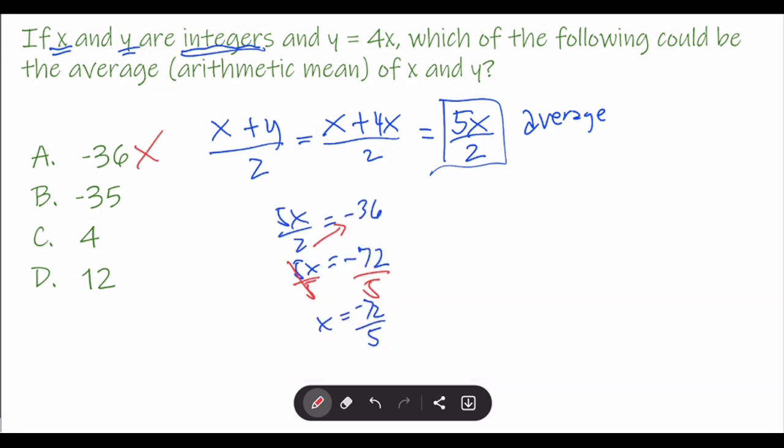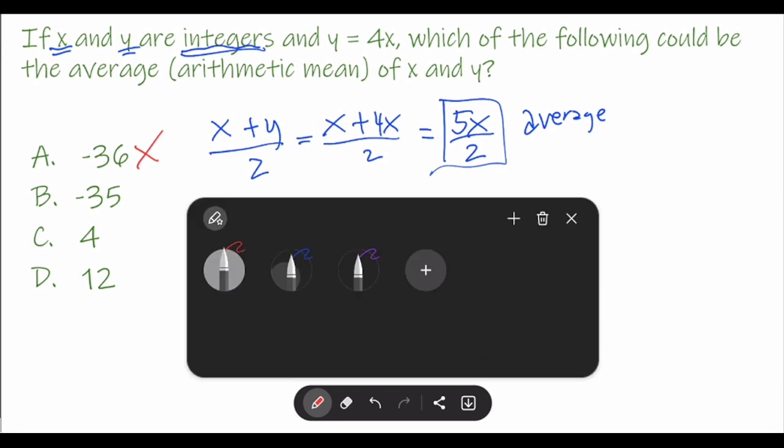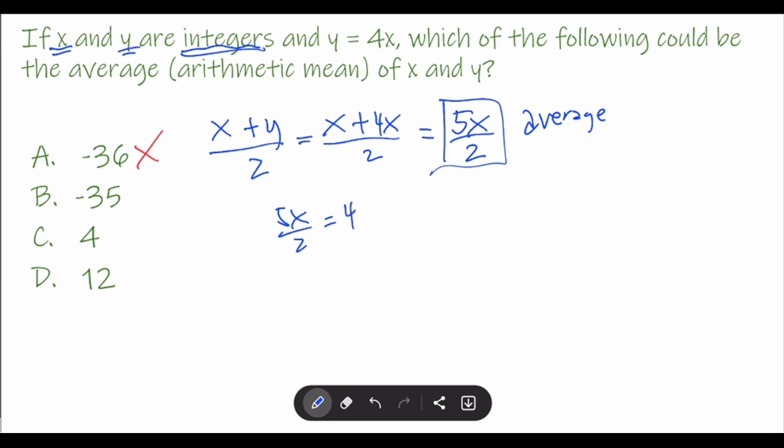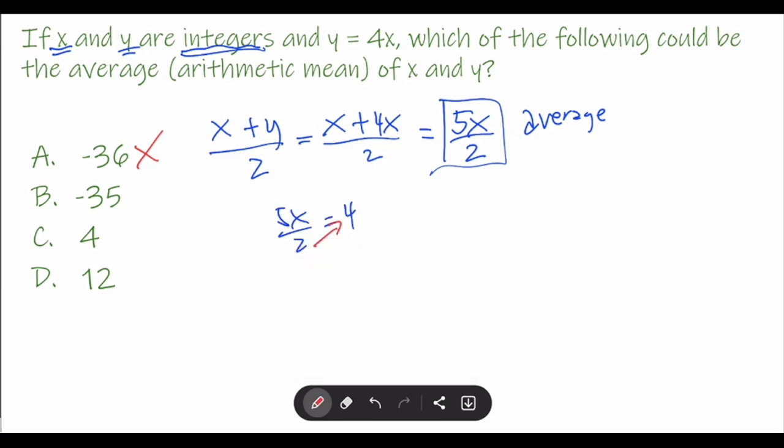Now let's try C. Let's redo that and change the average to 4. So what if the average is 4? Let's try to find x where the average is 4. We cross multiply again, the same procedure, so 5x equals 2 times 4, which is 8.